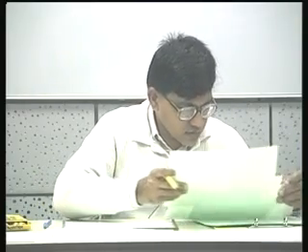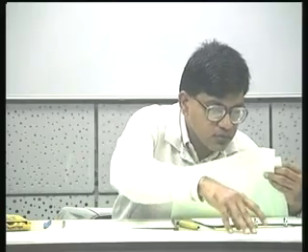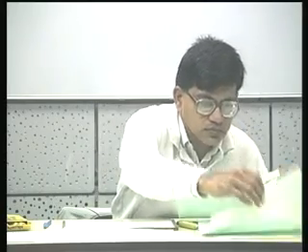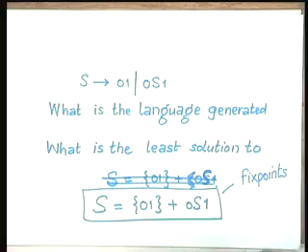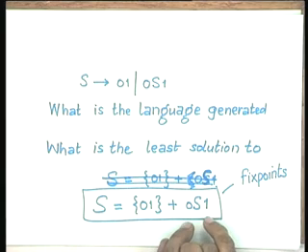When we are talking about the language generated, we are talking about the least solution that will satisfy this equation, in the sense that we want the least solution which is closed under the operation of prefixing and suffixing of 0 and 1 respectively, right.